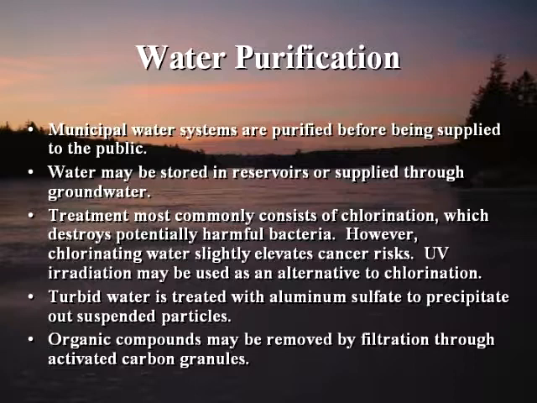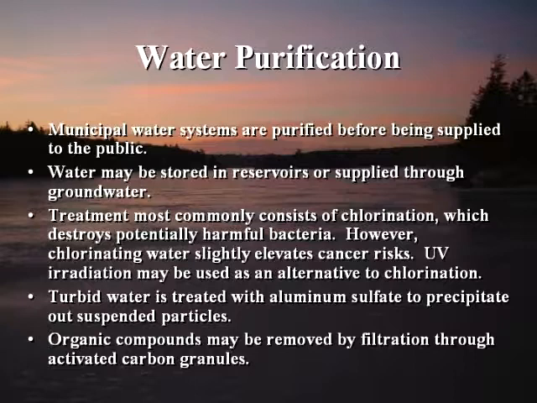Several additional things that can be done include the addition of aluminum sulfate as a final treatment option, which can get rid of some of the turbidity in water by precipitating out the things that cause the turbidity.